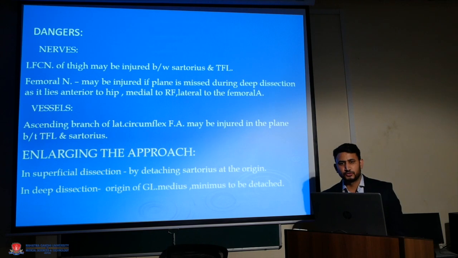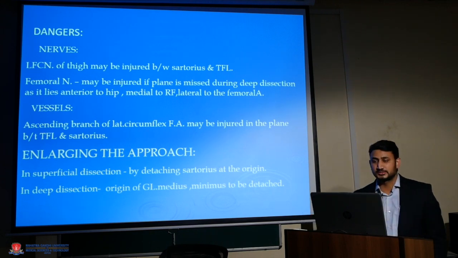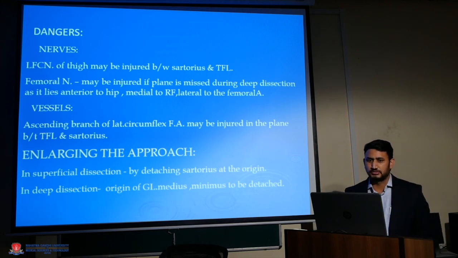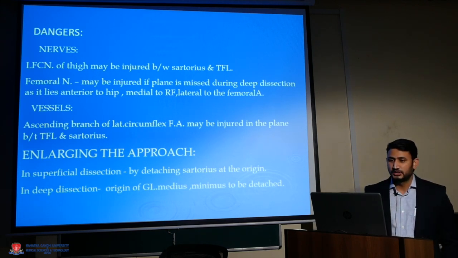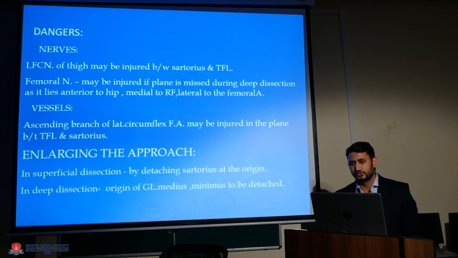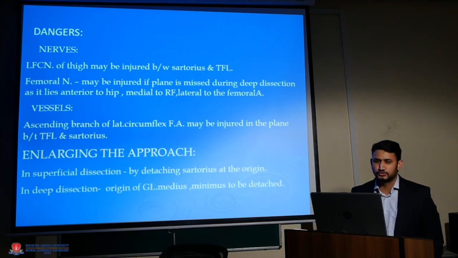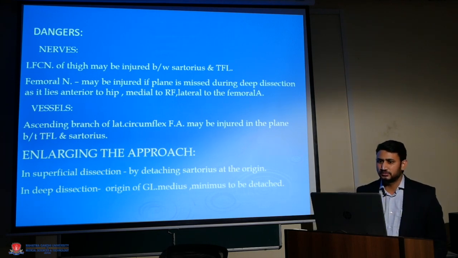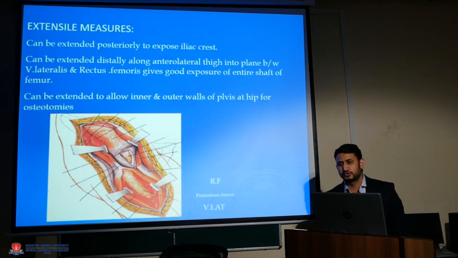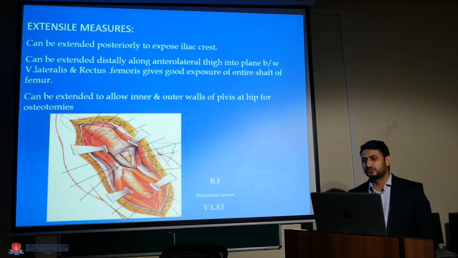Dangers in this approach: the neural structures which we can damage are lateral femoral cutaneous nerve, which we have already discussed, and femoral nerve which lies medially, so we should be careful about the femoral nerve also. Vessels are the ascending branch of lateral circumflex femoral artery. Extensile measures: this approach we can extend proximally as well as distally.